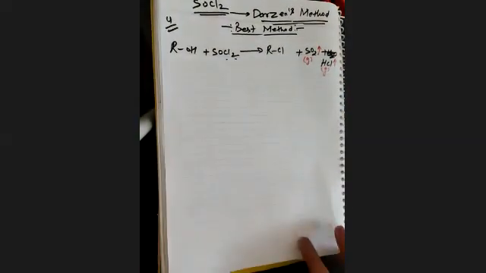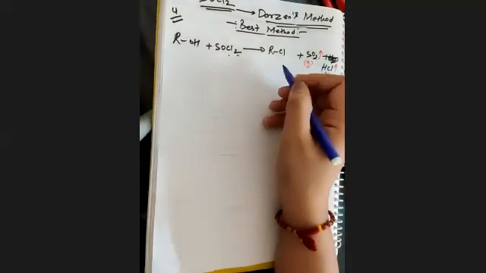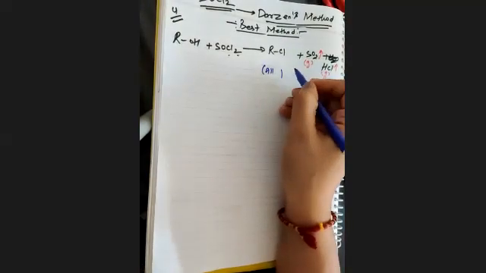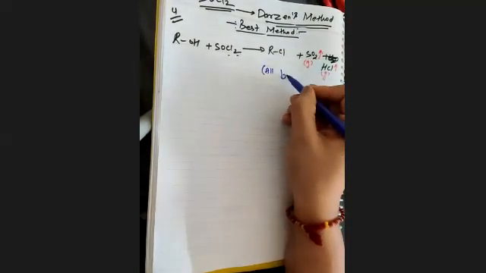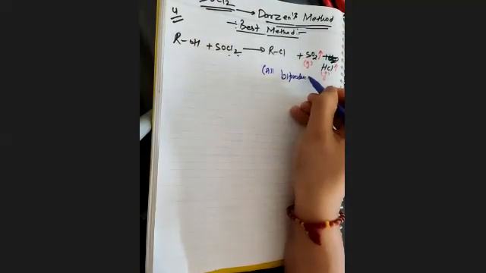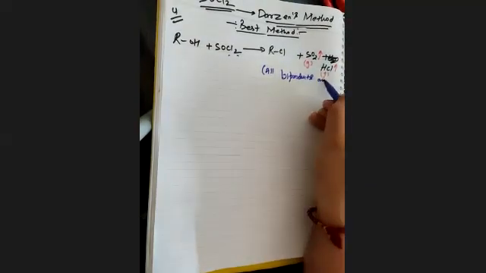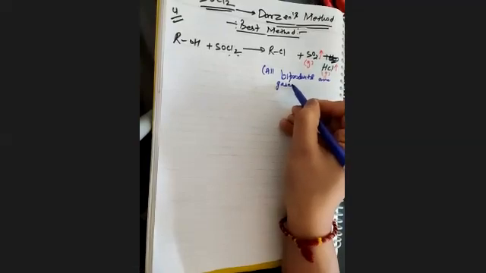This is the main thing which makes this reaction so important, because the best part of this reaction is all byproducts are gaseous, no matter what compound you are taking for reacting with SOCl2.